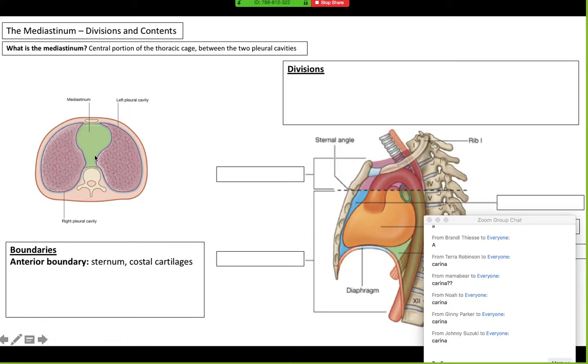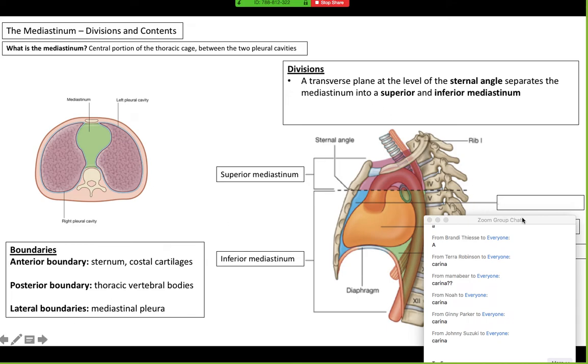So the mediastinum is the central portion of the thoracic cage between the two pleural cavities. It's bound anteriorly by the sternum and costal cartilages, posteriorly by thoracic vertebral bodies, and laterally by the mediastinal pleura.